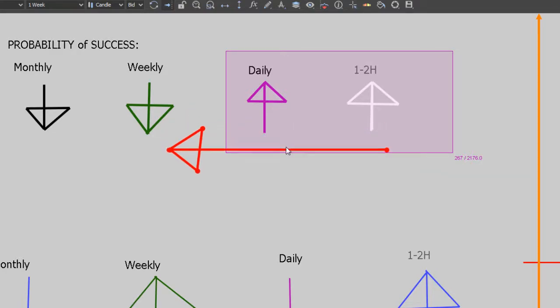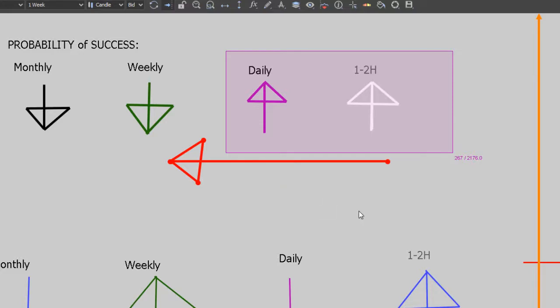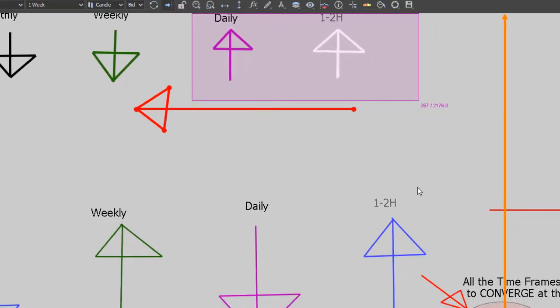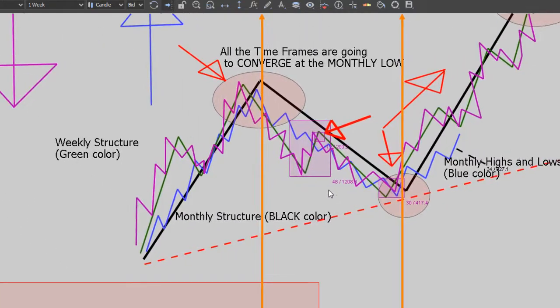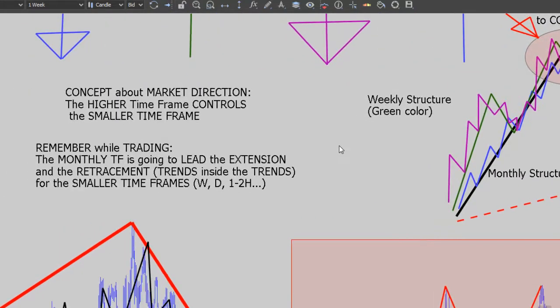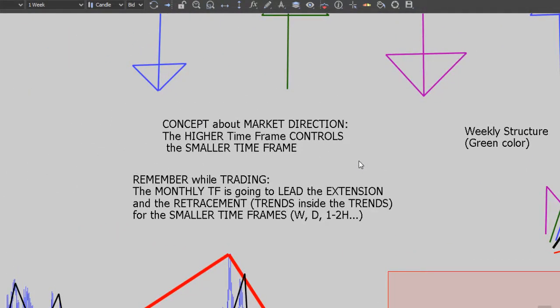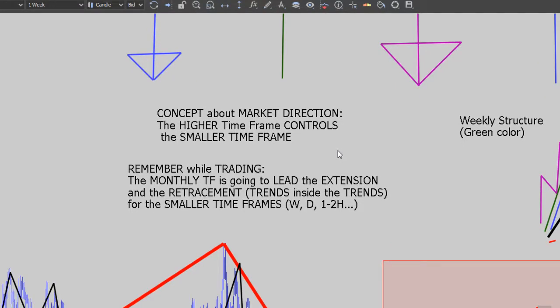When the weekly finds a high, everybody, it is going to push down, lead down the daily and the 1 and the 2 hours. Why? Because the higher time frame controls the smaller time frame. This is what you need to learn today.